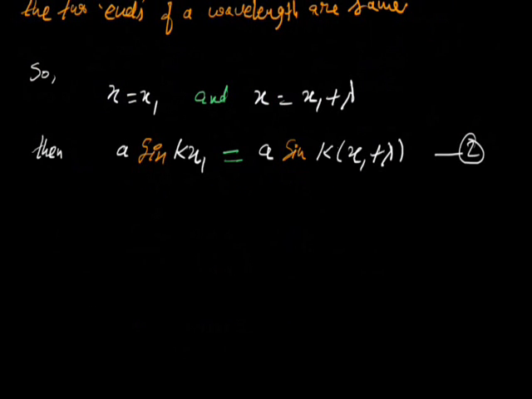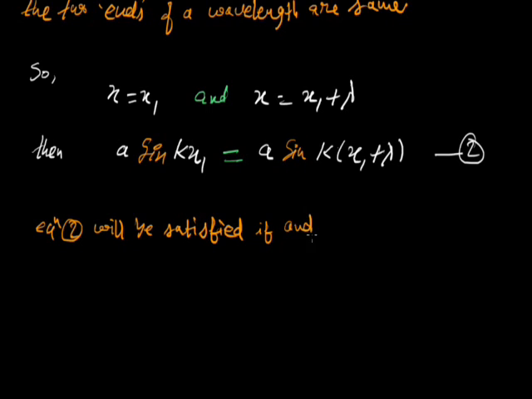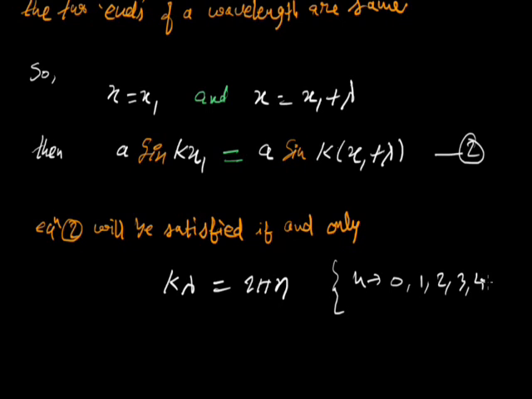From the above relation number 2, we can say here that equation 2 will be satisfied if and only if k lambda equals 2 pi n, where n is the value 0, 1, 2, 3, 4, all the integers to infinity.